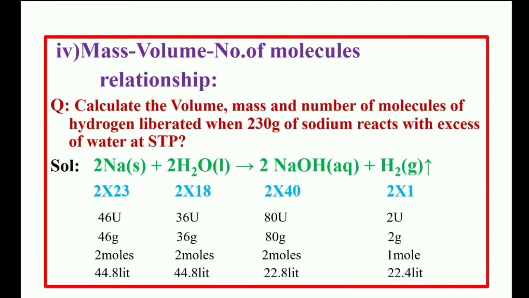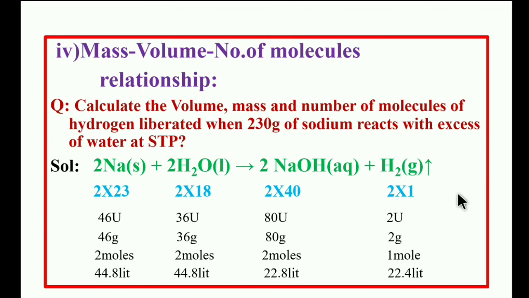Here also for 2 moles of NaOH we have to take 44.8 liters, not 22.4 liters, and the 40 is not the volume. And for the next one, only 1 mole is present, that's why 22.4 liters. Here you can make the correction, 44.8 liters. Okay, right. So this is the concept.